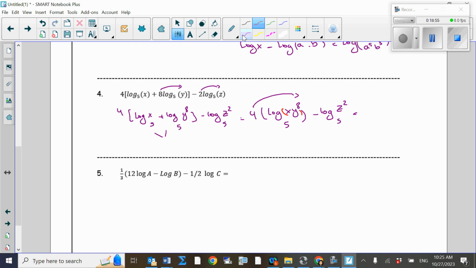So that's going to be log of x y to the 8 to the power of 4 minus log of z squared, and base is 5. And since I have subtraction between two logs, that's going to be log of x y to the 8 to the power of 4 divided by z squared. This whole thing is our argument, and the base is 5.